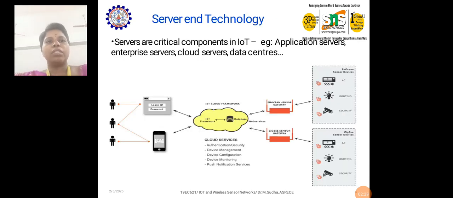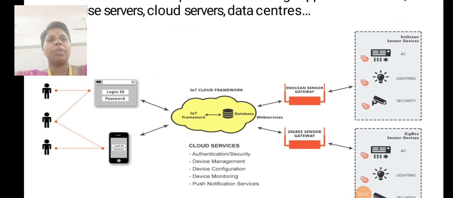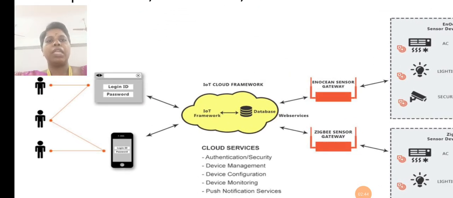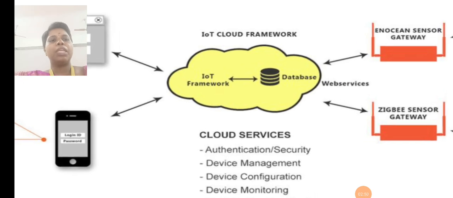Server and technology. Servers are critical components in IoT. Examples are application servers, enterprise servers, cloud servers, and data servers, that means data centers. Just see this image here: the login ID, password, and the person information. Those are stored in the cloud services.